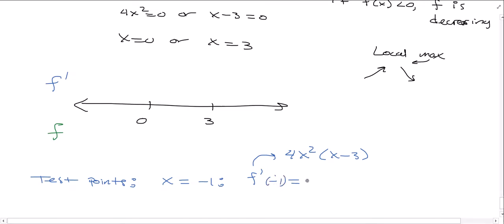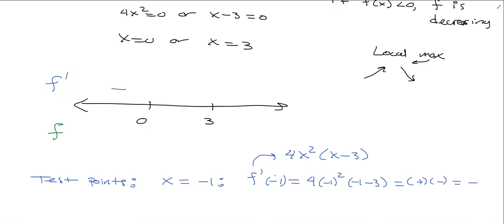Is it going to be positive or negative? Here you have negative 1 squared times negative 1 minus 3. Anything squared is going to be positive, so I have a positive times a negative, which gives me negative. So the first derivative is negative, which means the function is decreasing.